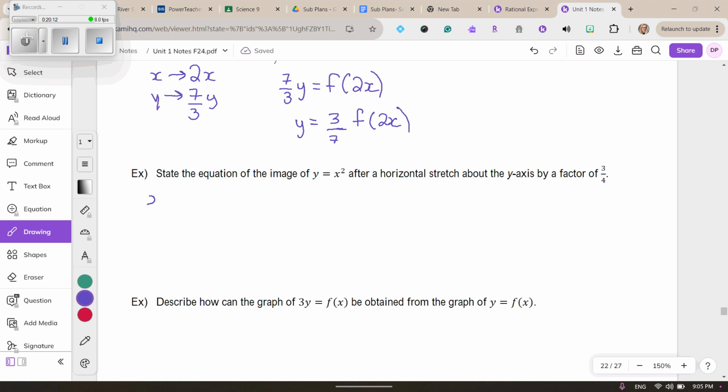If it's a horizontal stretch, that means it's a change in x value. Our x is going to get replaced with 4 over 3 x. Now we put that into our equation for x. And remember, always, always, always replace things in brackets. It's going to be key for this one. So we get y equals 4 over 3 x, to the power of 2. 4 over 3 squared is 16 over 9.